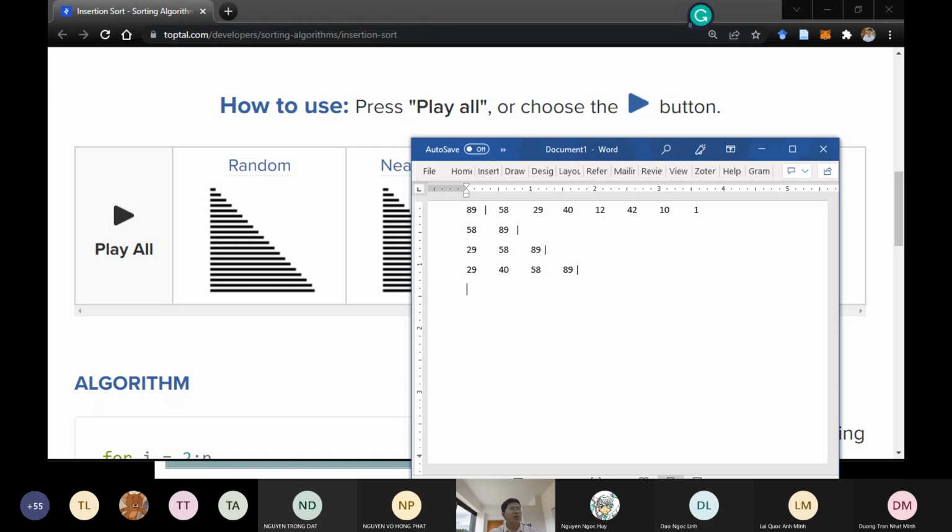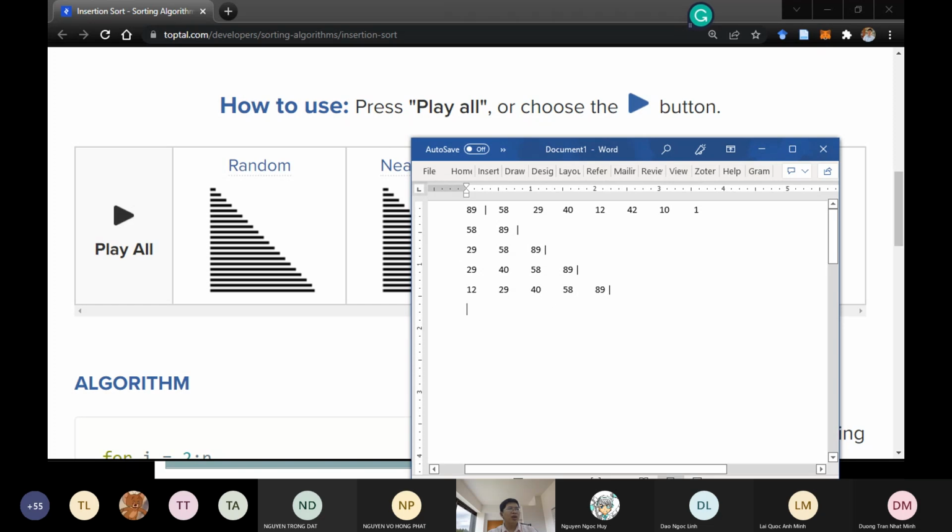Okay. So again, we do 12. We do the same thing. And then 12 here, we copy it here because 89 is bigger than 12. Then we consider the next slot. Because it is bigger, copy. And then copy. And then we put it here.